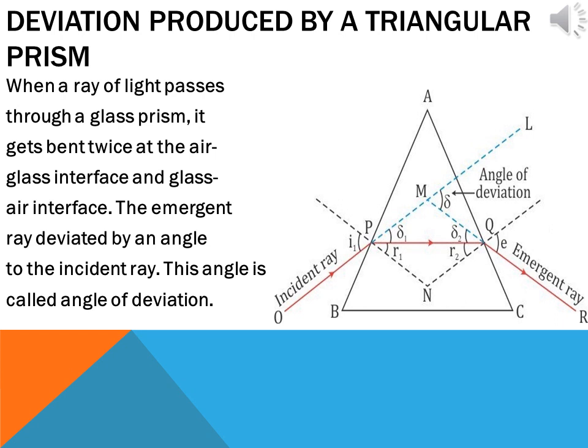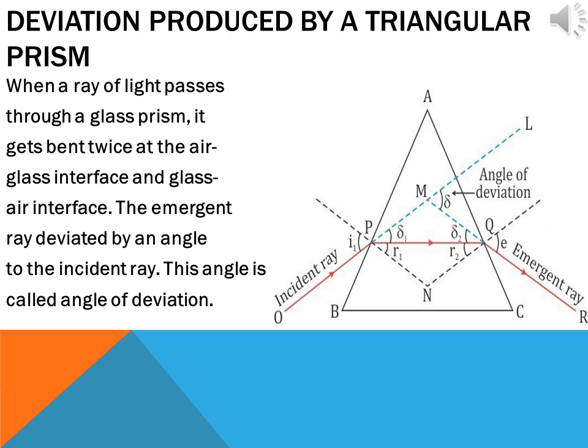The angle of deviation delta 2 depends on the angle of incidence at the second surface and the refractive index of air with respect to glass. For the emergent ray QR, the total deviation delta with respect to the incident ray OP is given by delta equals delta 1 plus delta 2.